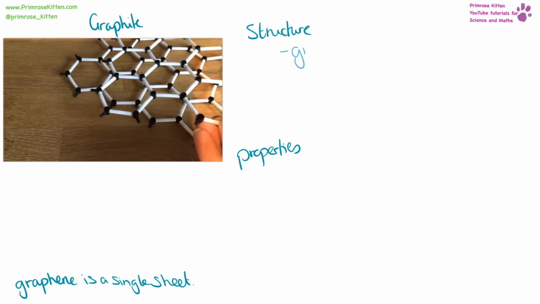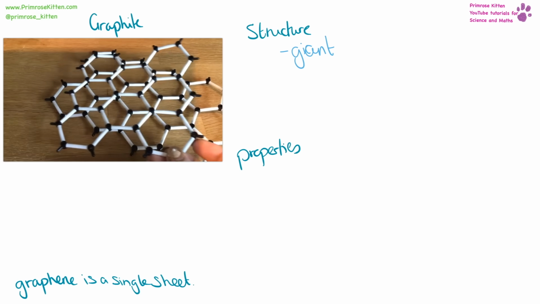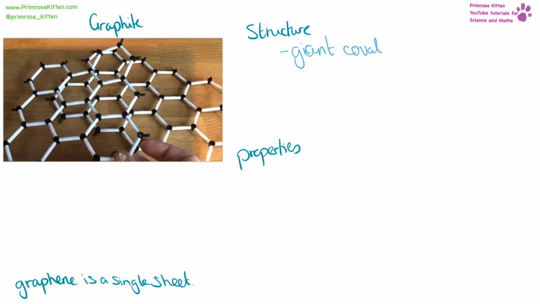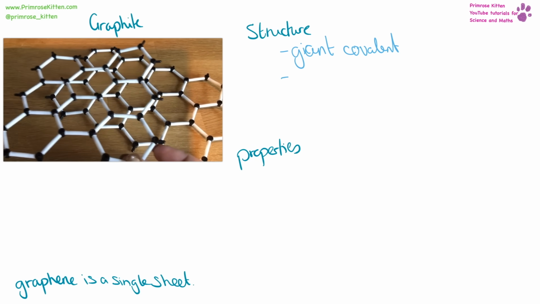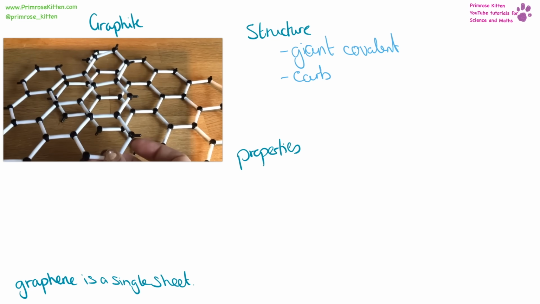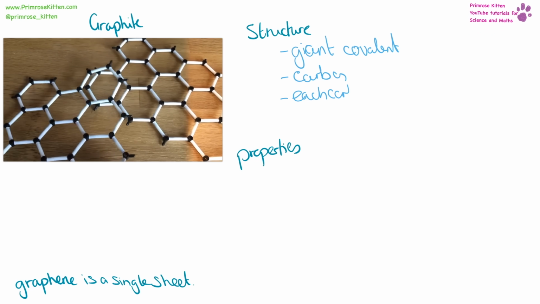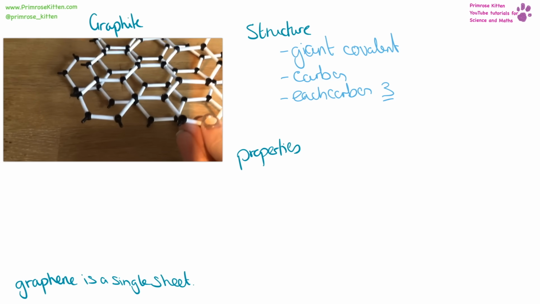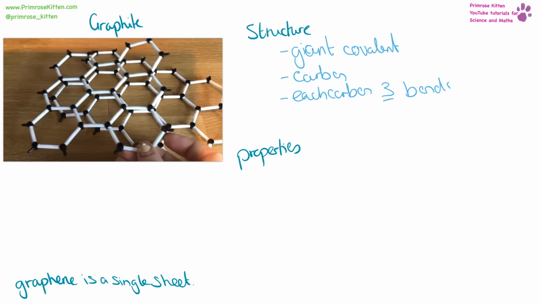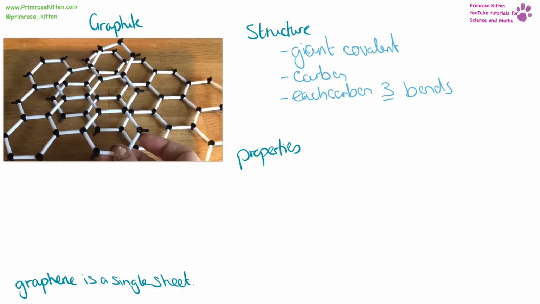Graphite is also a giant covalent compound. It is like diamond, pure carbon, but each carbon makes 3 bonds to other carbons, not 4 like in diamond.